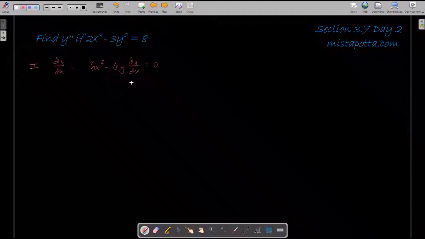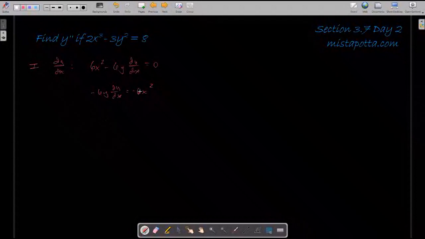And then we're going to go ahead and solve for dy dx here. So I'm going to move the 6x squared over to the other side. So I've got 6x squared over on the other side.